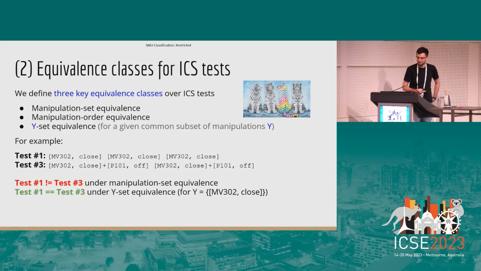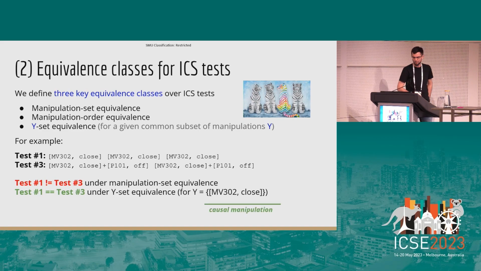Or this third one, Y set equivalence, where you examine whether a given common subset is present in all of the tests. So for this example over here, test 1 and test 3 are not equivalent if you look at the sets because of this pump 101 manipulation at the bottom, but they are equivalent under Y set equivalence if Y is set to closing this valve.